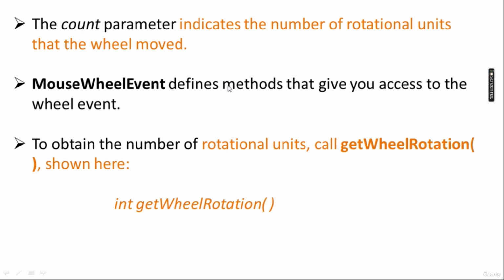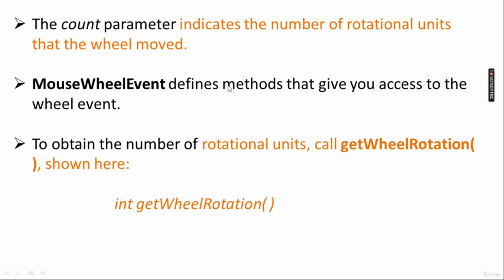So you moved 5 times, for example. Two units, 5 times, that is 2, 2, 2, 2, 2. So 10 units were moved and your rotational unit was 5. You moved 5 times either up or down rotationally, having the unit as the amount. That amount can be anything.